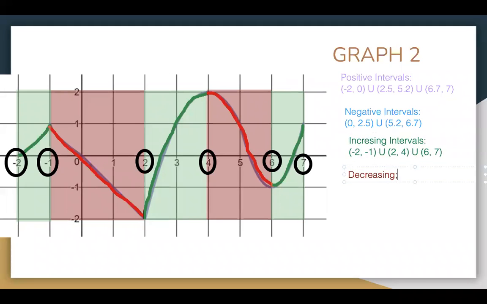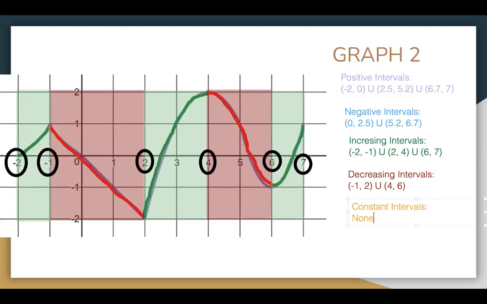So decreasing from -1 to 2 and from 4 to 6. And nowhere in the graph were we ever going straight, so constant intervals: again, none. That is it for graph number 2.